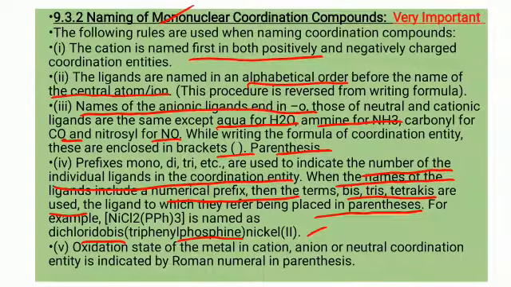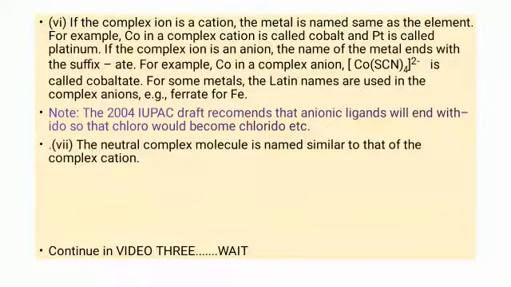The oxidation state of the metal in a cation, anion or neutral coordination entity is indicated by a Roman numeral in parentheses. If the complex ion is a cation, the metal is named the same as the element. For example, cobalt in a complex cation is called cobalt and Pt is called platinum.